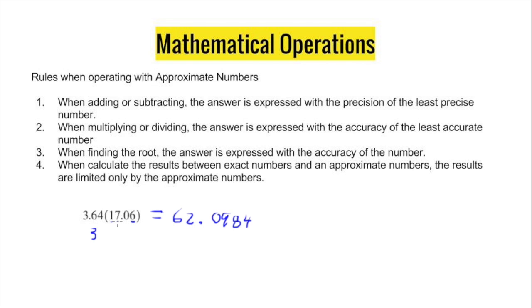And based on our rules on significant digits, the 0 is also a significant digit because it's between 2 known significant digits. So 17.06 has an accuracy of 4. Now our rule just simply states that we use the least accurate number. So the least accurate is 3. So we're going to round this to 3 significant digits.